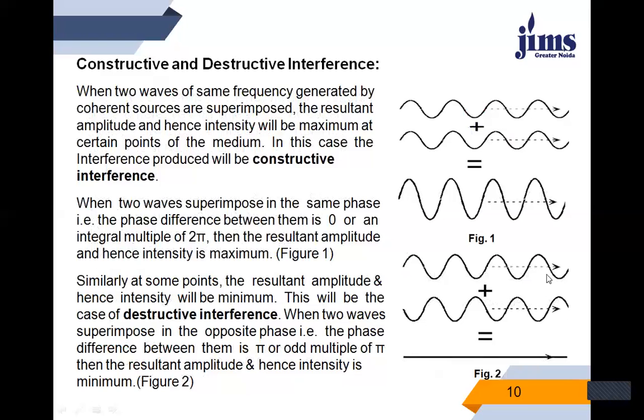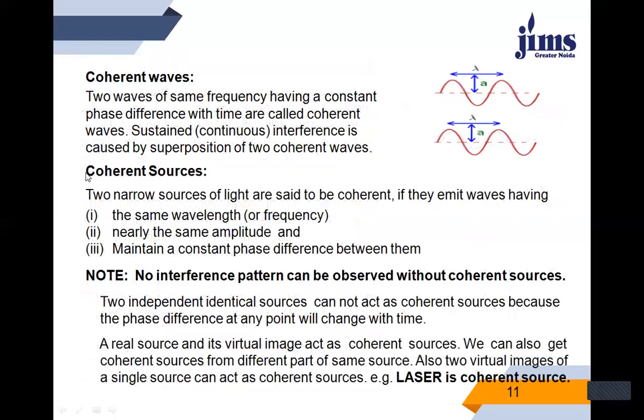If the two waves have exactly the same frequency and they maintain constant phase difference, then resultant amplitude will always be 0. So you can see here the resultant amplitude and hence intensity is minimum, which is shown in figure 2. Now the question is, what are coherent waves? We have discussed interference in my previous slide about the coherent sources.